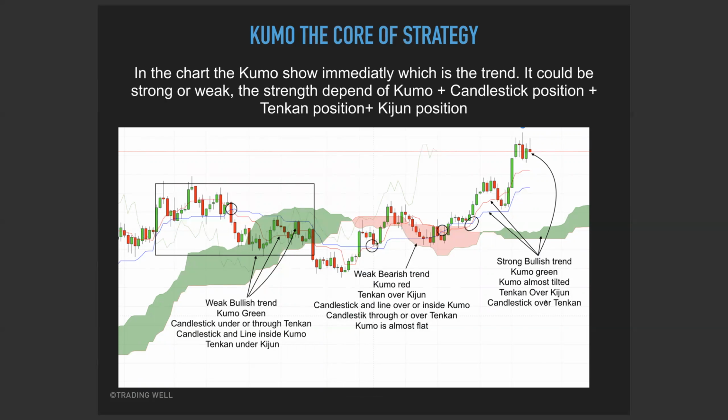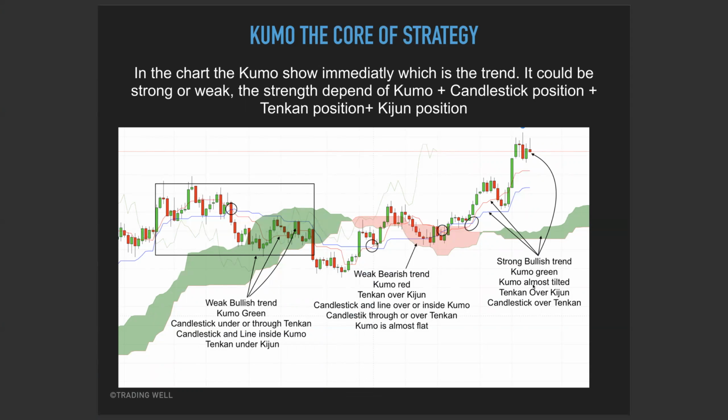Here we have a strong bullish trend because the Kumo is green, Senkou span A is over Senkou span B.